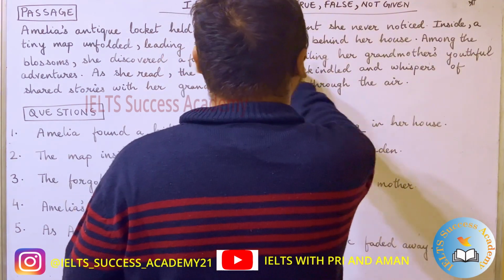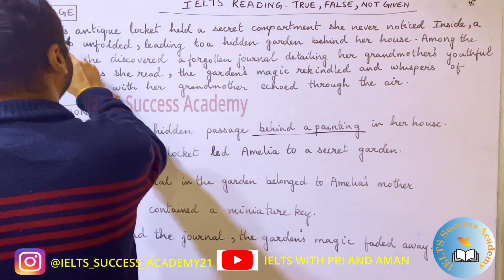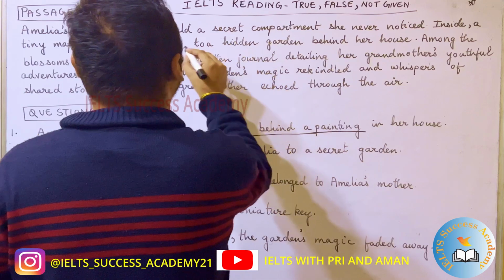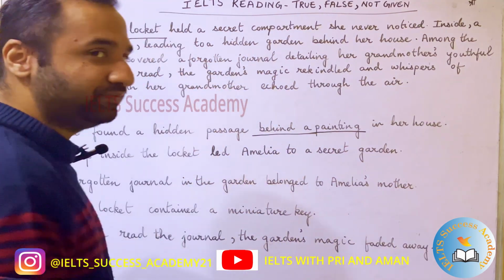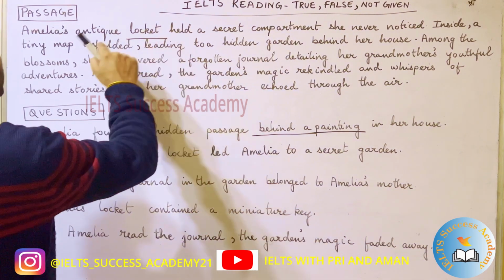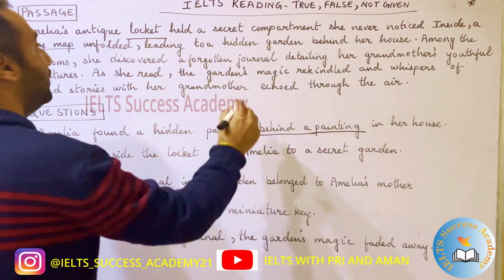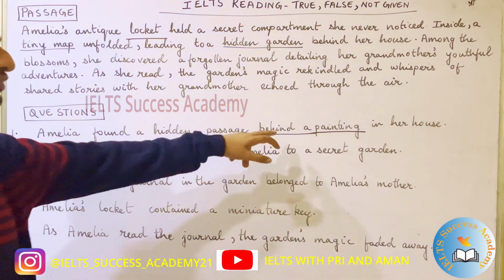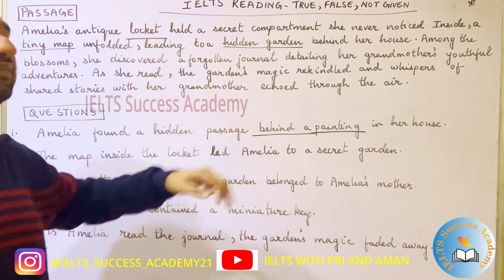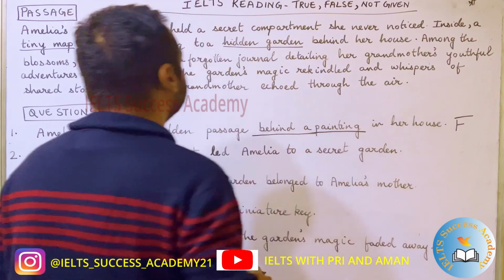She found a hidden passage inside a tiny map unfolded. There's a locket here, and inside the locket she found a tiny map which led to a hidden garden. But there is no painting. Okay, so it is false.